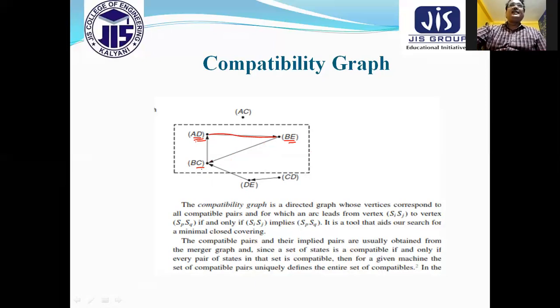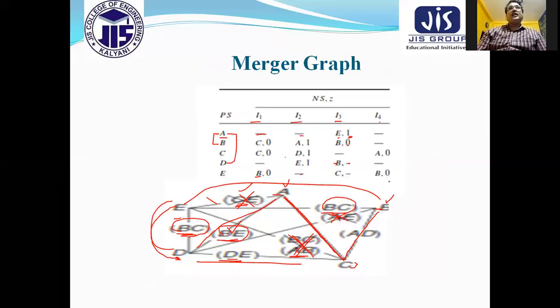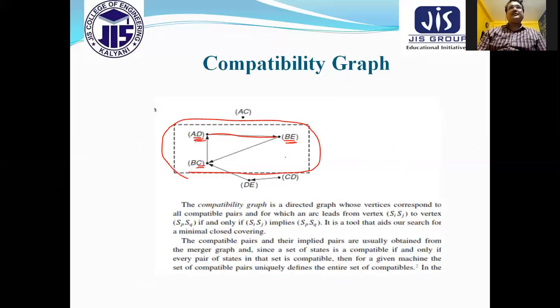So I can say that this is the minimum cover of the given machine. If I go for the minimization, AD, BC, and BE is the minimum cover of the given machine in this figure. In this way, we can minimize. I hope this clears your idea regarding the compatibility graph and minimum covering of the graph. Thank you everyone.